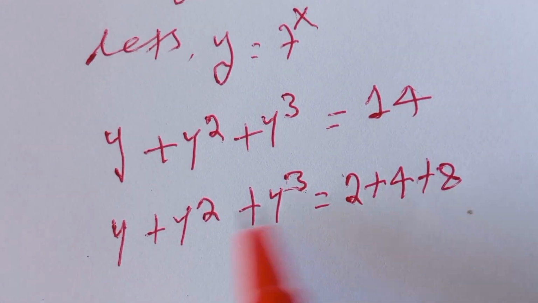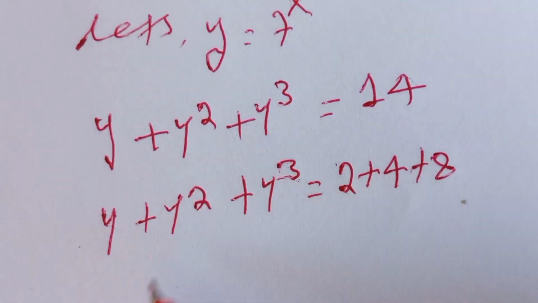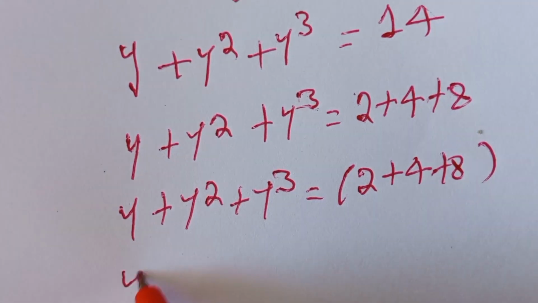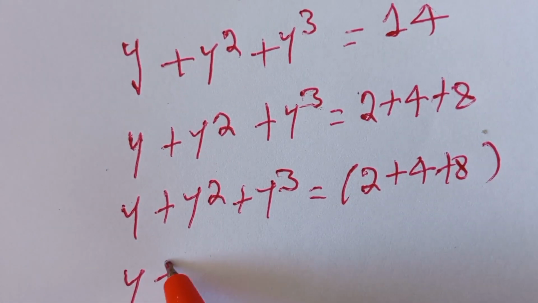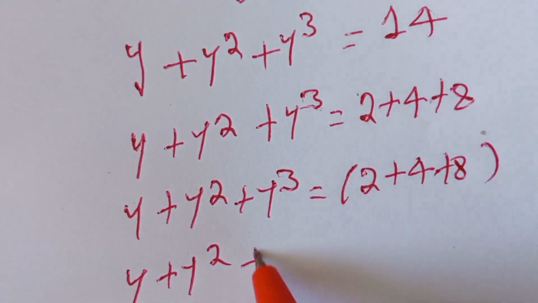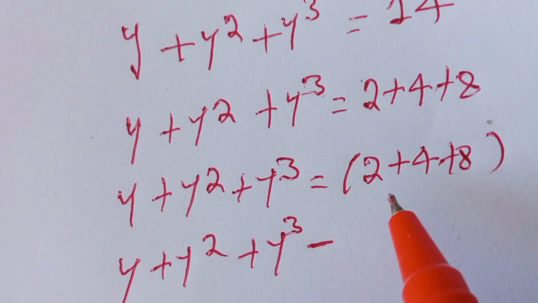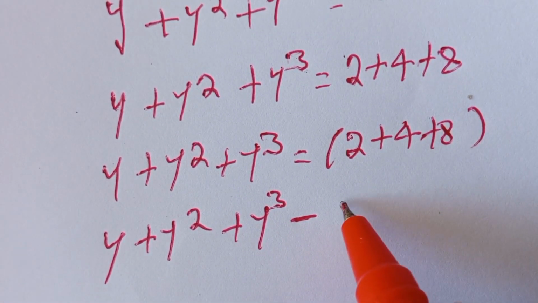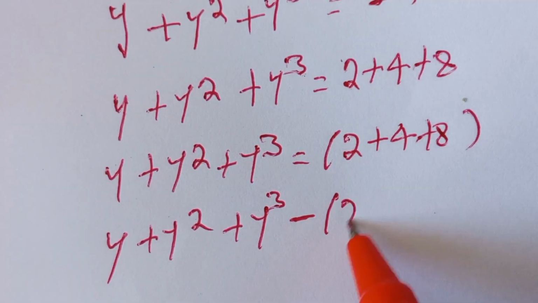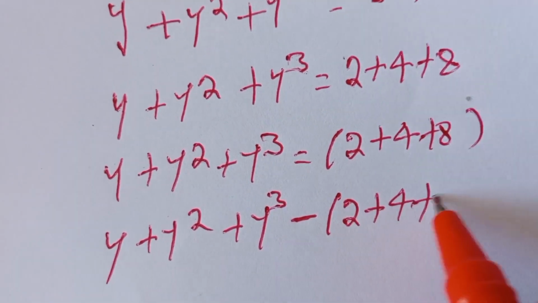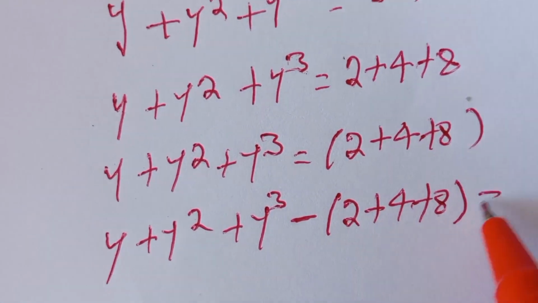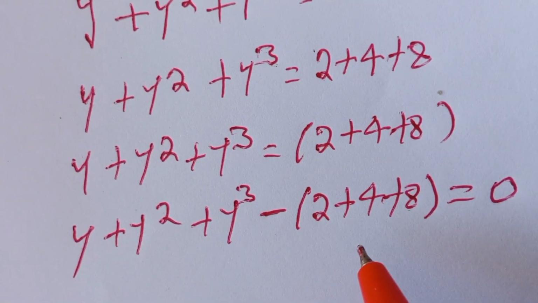So come to the left side: y plus y squared plus y cubed minus 2 plus 4 plus 8, which is equal to 0.